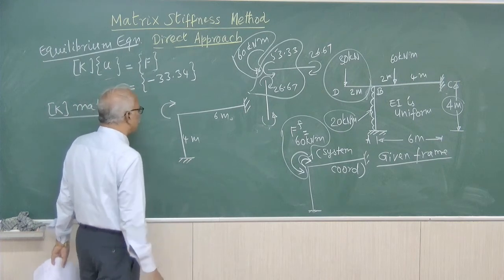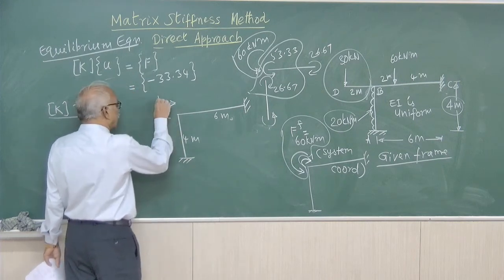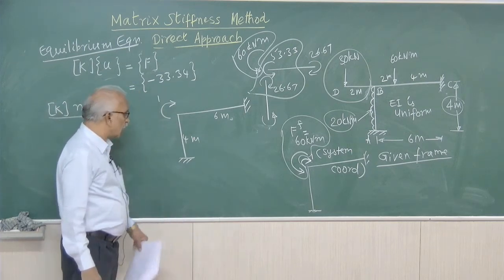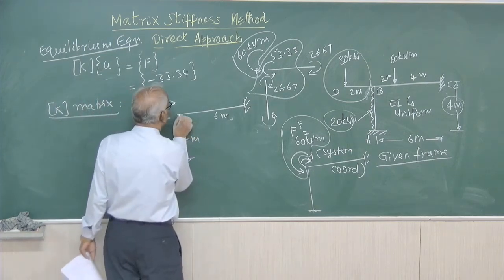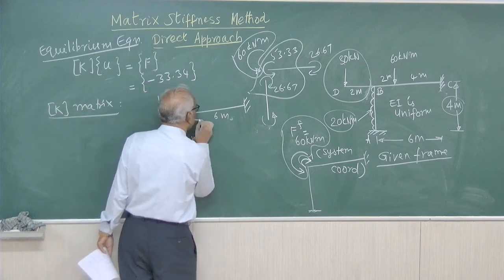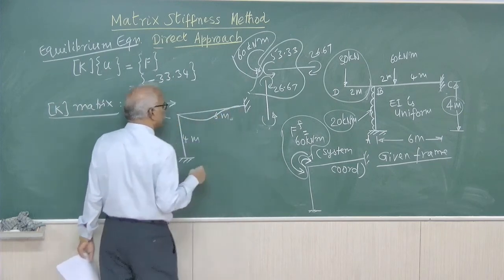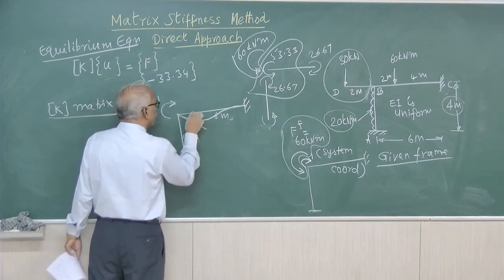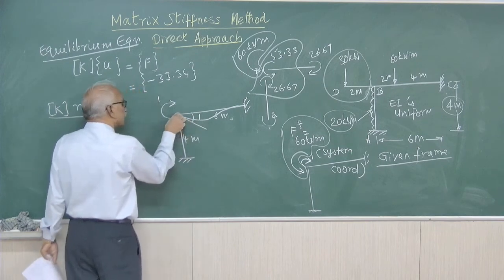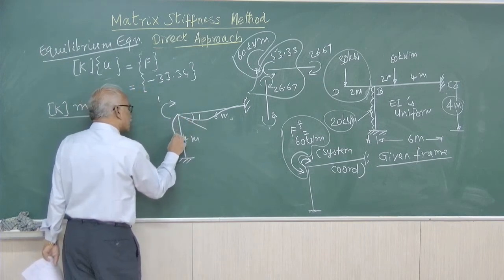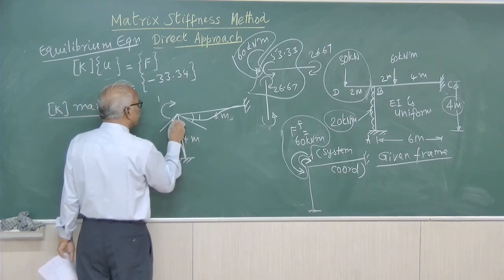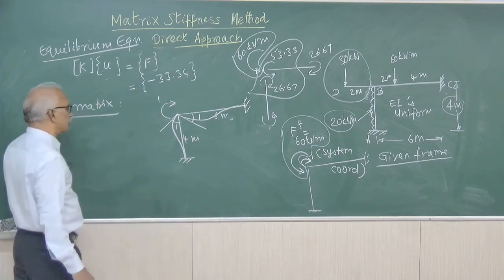Along the coordinate direction, we have to apply unit displacement. That is, along the direction, this will have a clockwise rotation of unity, and here it is 0. And it is a rigid joint. When this undergoes a rotation equal to unity, this will also undergo the same rotation, because even after the deformation, the angle between the members will be maintained. When this is 1, this will also be 1.